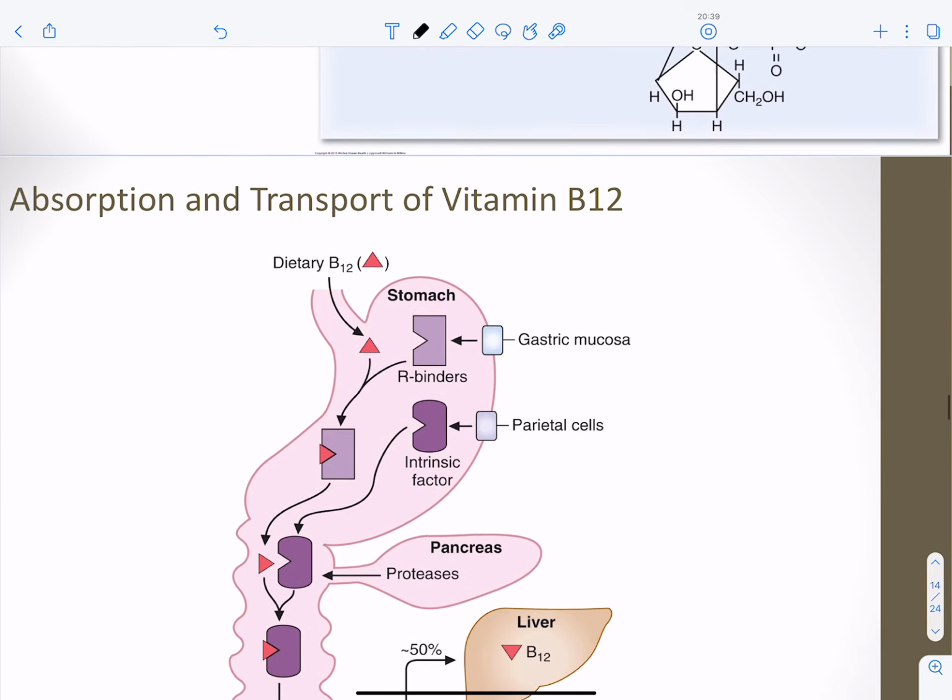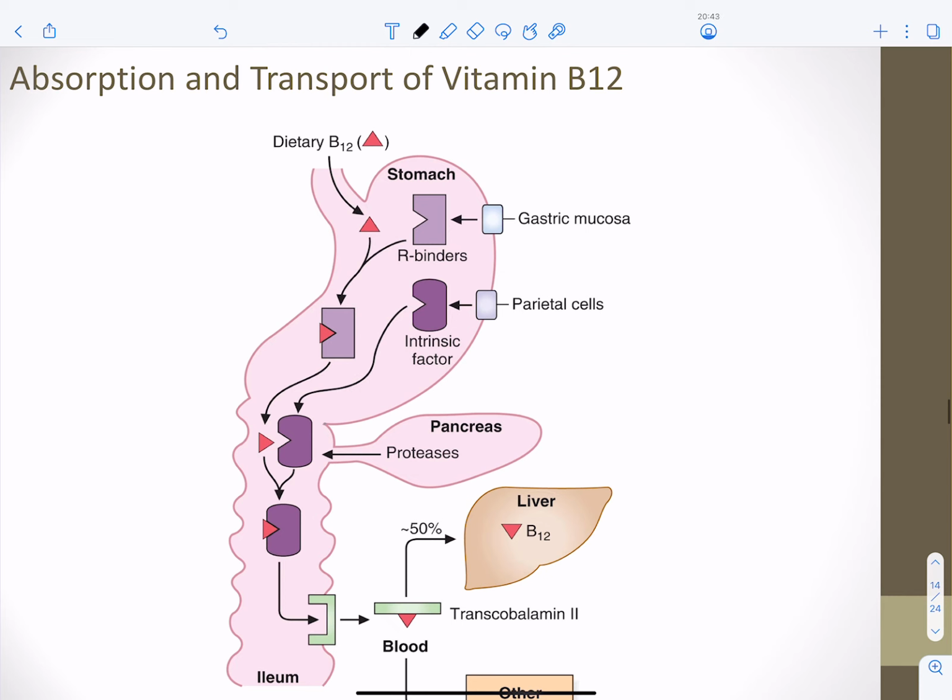Now, vitamin B12 absorption is very specific. Most of the sources of vitamin B12 are in meats, eggs, and dairy products, also fish, poultry, and seafood. The B12 in animals comes mainly from the bacteria in the animal's food supply.